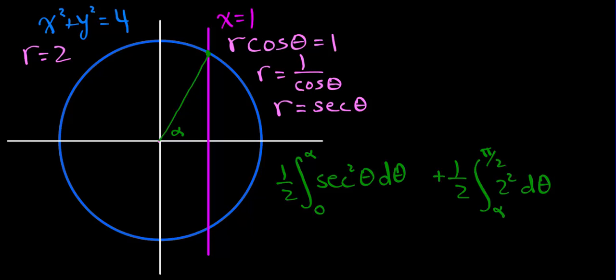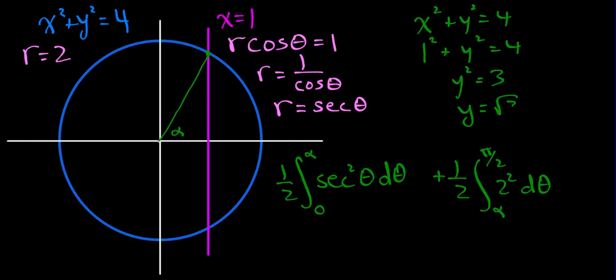So here's one way I could do it. We know that at that point right there, we know what the x is. The x is 1. So let's do this. We've got x squared plus y squared equals 4. Now I'm just going to put a 1 in for the x: 1 squared plus y squared equals 4. That means that y squared equals 3, or y equals the square root of 3.